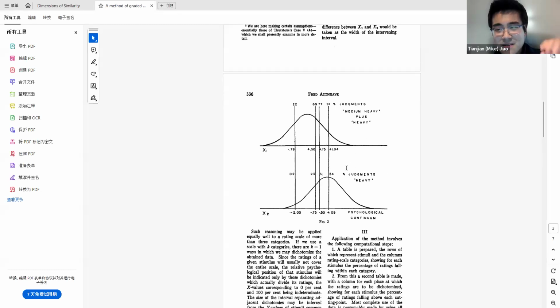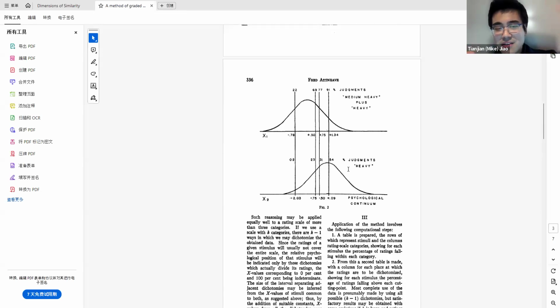So imagine in this case we have similarity data on a Likert scale. We have 7 grades of similarities, from identical to very dissimilar. Now, this method tells us that we should create cutting points to create 2 categories.